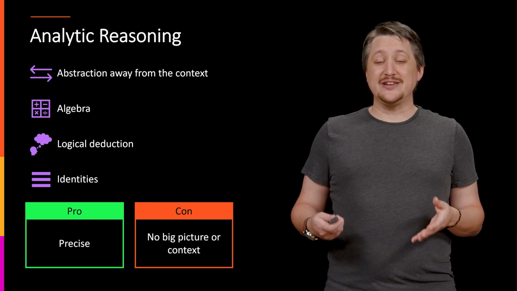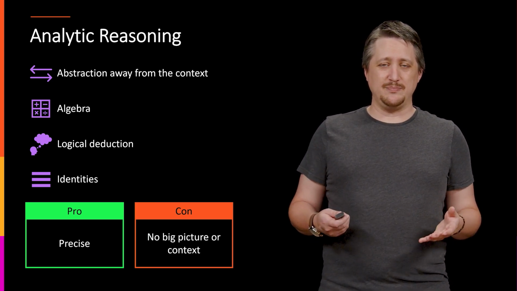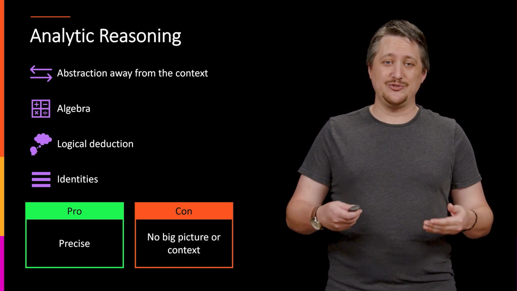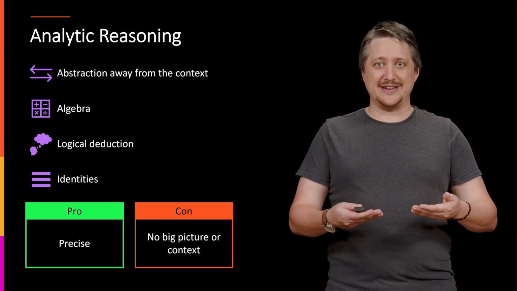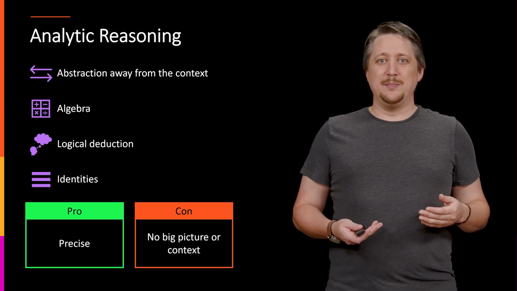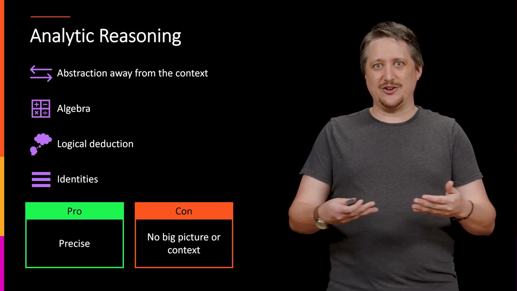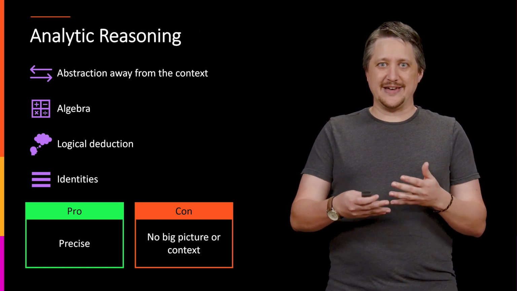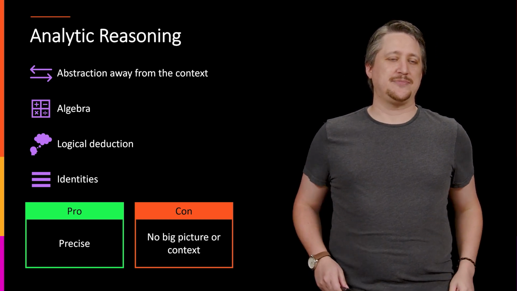That's because analytic reasoning, one of the downsides, is that there's not really much or any big picture or contextual background inherent to it. There's always this big picture context floating in the background, but that was the geometric part of it, right? So once you're doing the algebra manipulation, it isn't clear what that context is anymore. And so that's the weakness of analytic reasoning, okay?